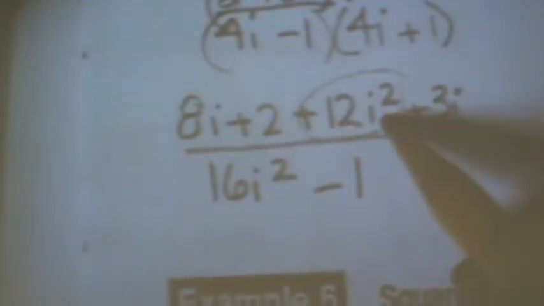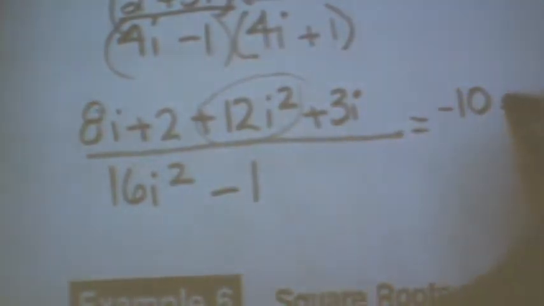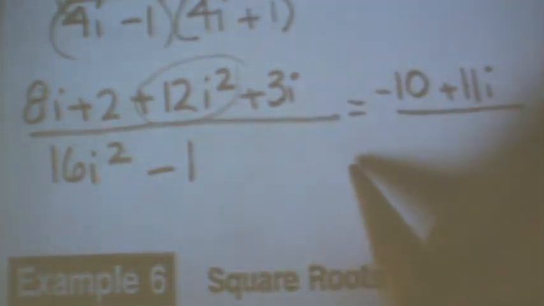So if we clean this mess up here, this is really negative 12. Negative 12 plus 2 is negative 10, plus 11i, all over 16i squared, which is negative 16 minus 1, negative 17.